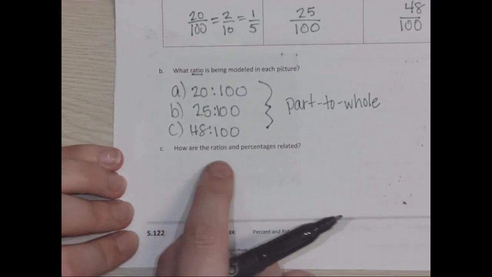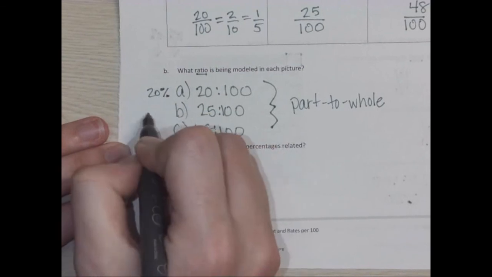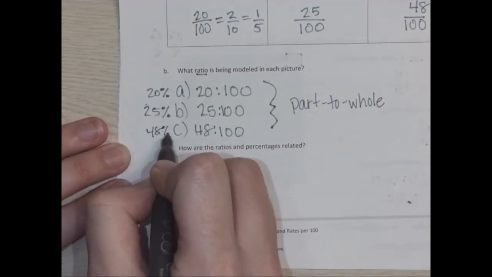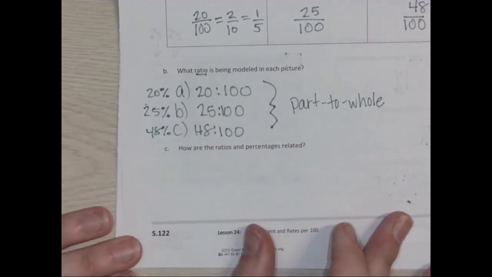So how are the ratios and the percentages related? For example, this was 20%, 25%, and 48%. How are these related? Turn and talk with your partner.